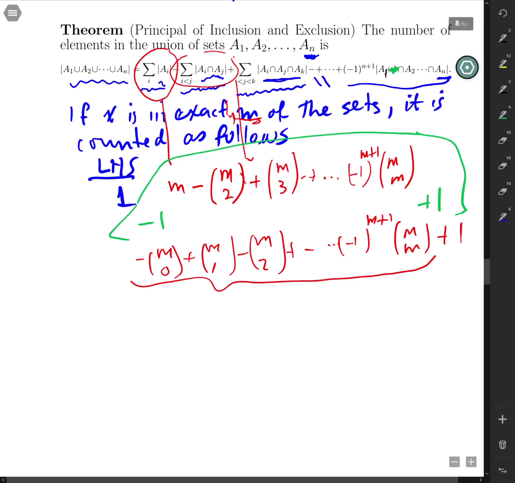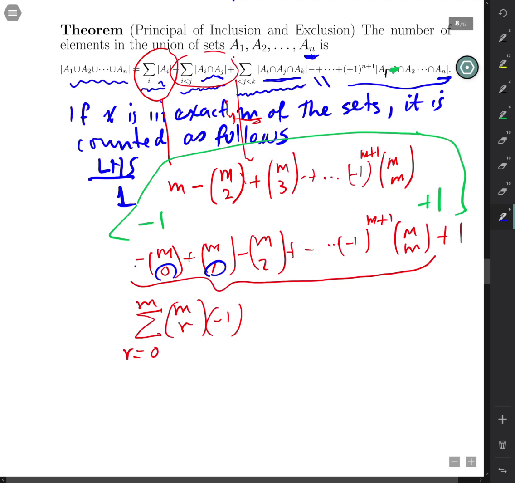Let me write it as summation of m choose r, using an r to distinguish it from the i, j, k we've already used in the formula above, where r goes from 0 up to m, and then I have a minus 1, and when the number here is even, I get a minus sign.